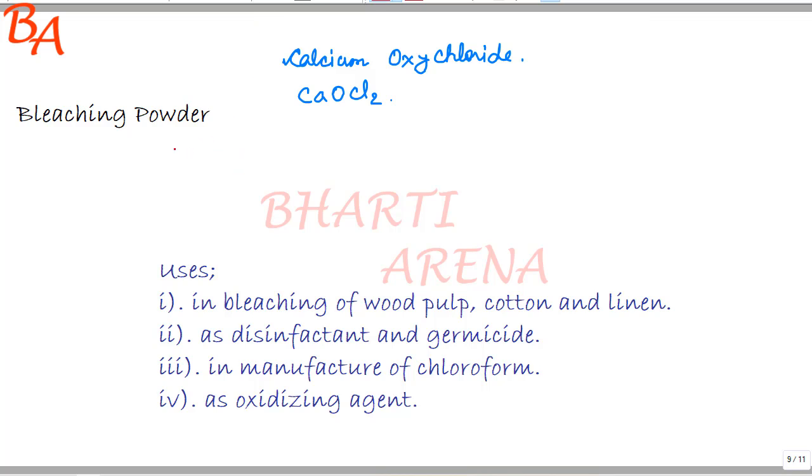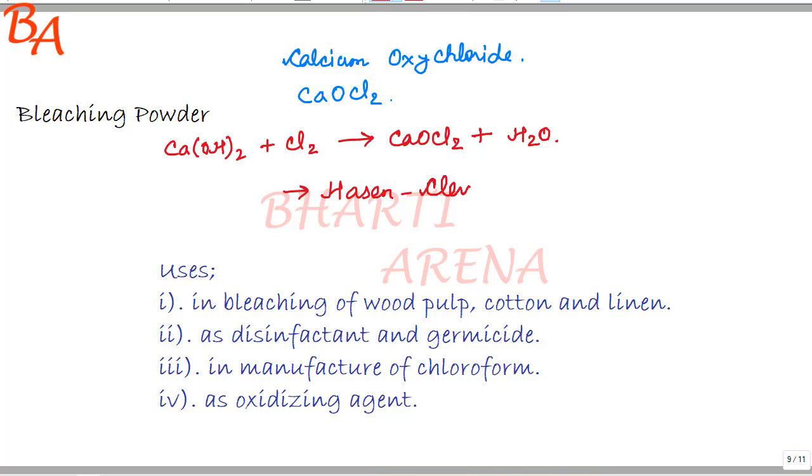So the reaction proceeds like this: calcium hydroxide plus chlorine gives calcium oxychloride, that is bleaching powder, plus H2O. This method is known as Hasenclever method.